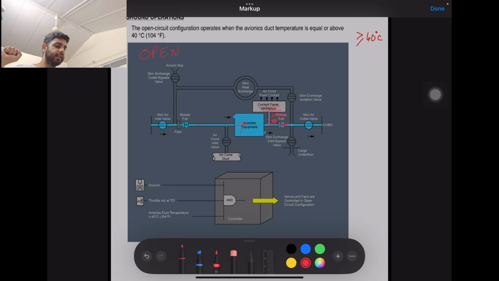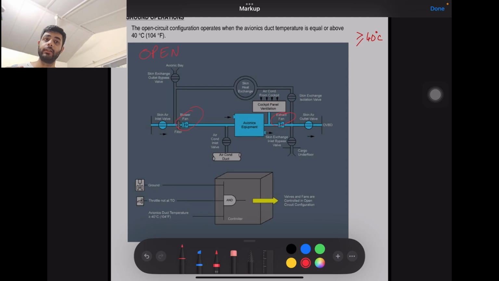The extract fan takes all this air and pushes it out through the skin air outlet valve. Now the major issue that people have is, what's the point of the extract fan and the blower fan? Usually the blower fan is enough to provide ventilation.